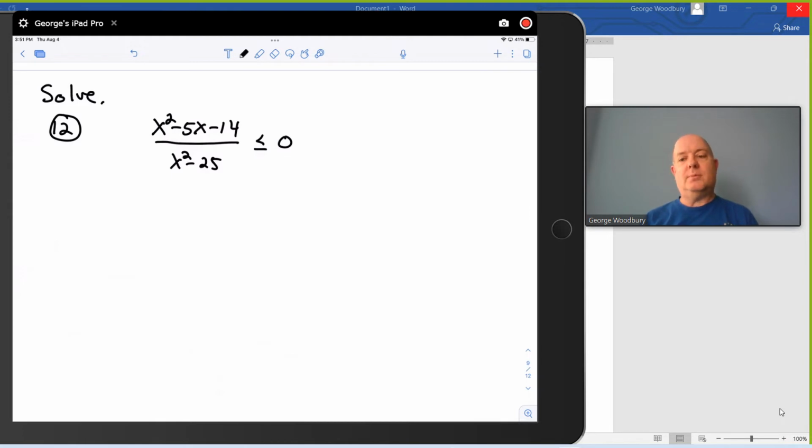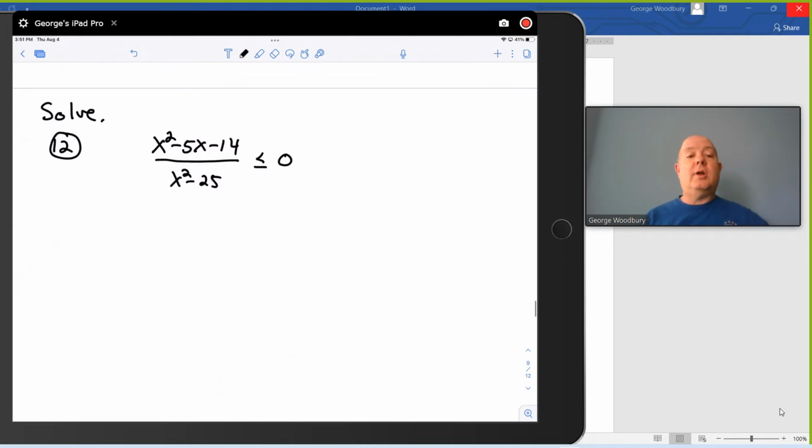That is a much more complicated problem because I need to be comparing it to 0 first. And that means I'm going to need common denominators and all of that fun that goes with it. So that's a much different problem. We'll tackle that in the next video. When I have it compared to 0, I can find the critical values. And here, I can find them all by factoring.